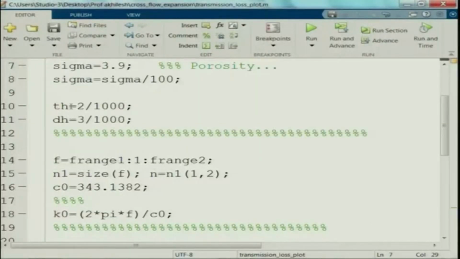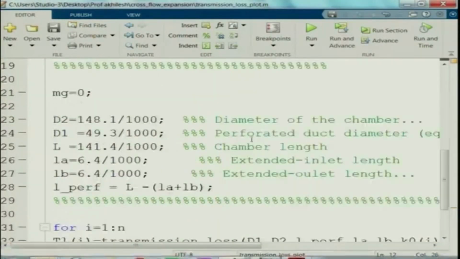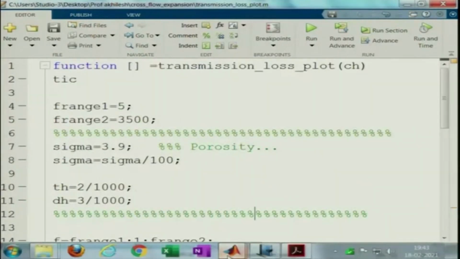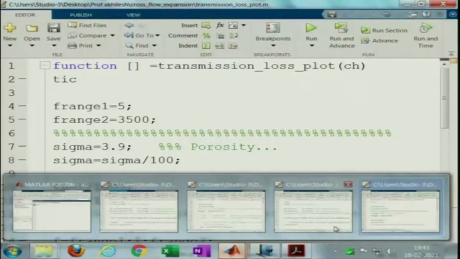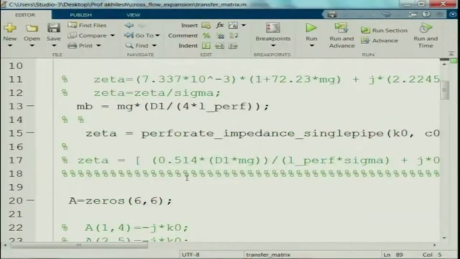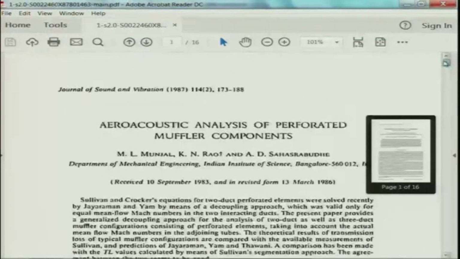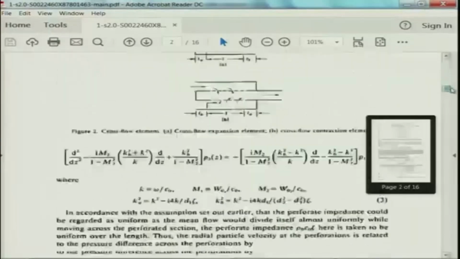The whole diameter is something that I have chosen. I have already put in the parameters for you for demonstration, and I just need to run the code. But before I do so, let us have a look at the transfer matrix here. I am using Elnadi's expression. This expression is a rather modern one, and this paper was published in 1987, ages back.